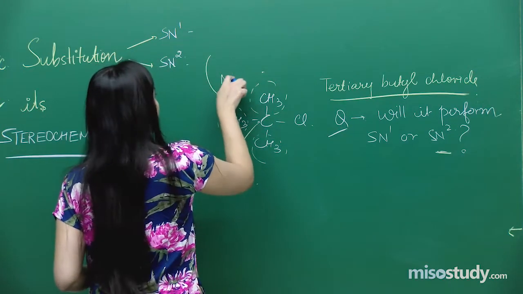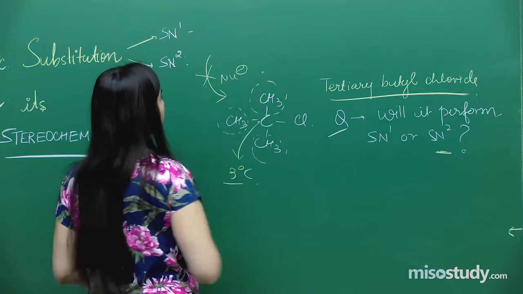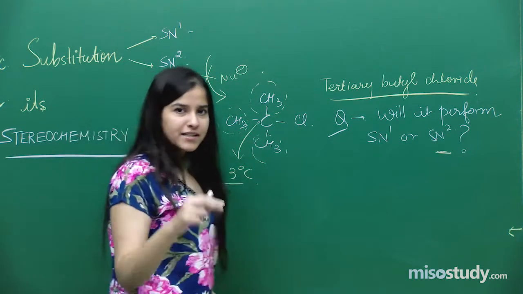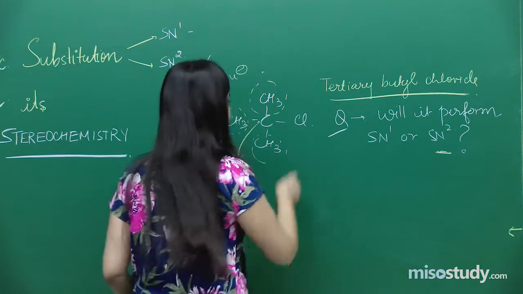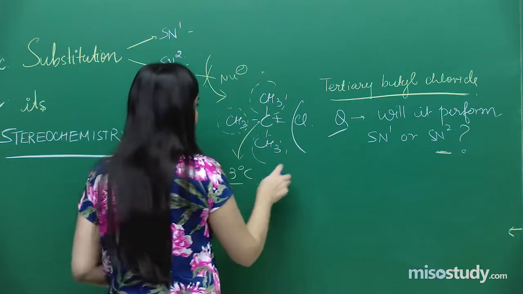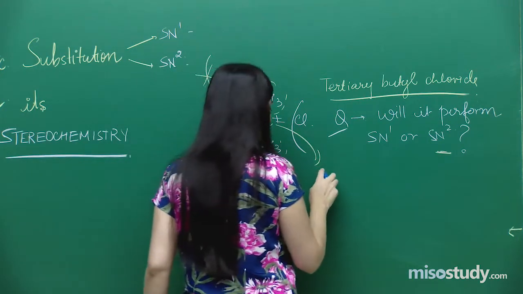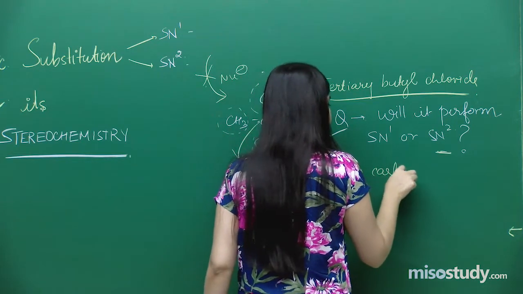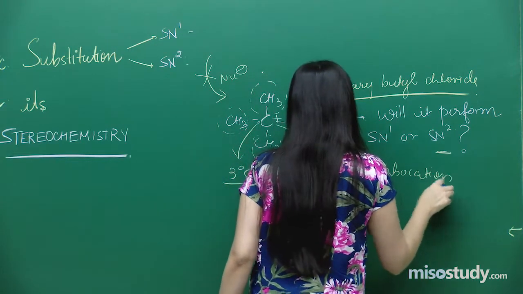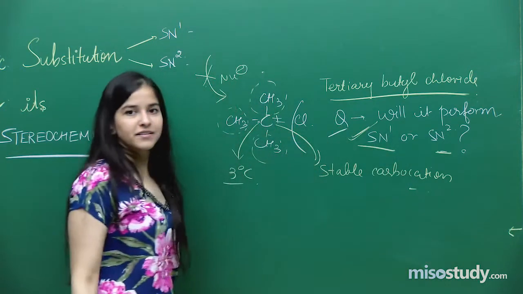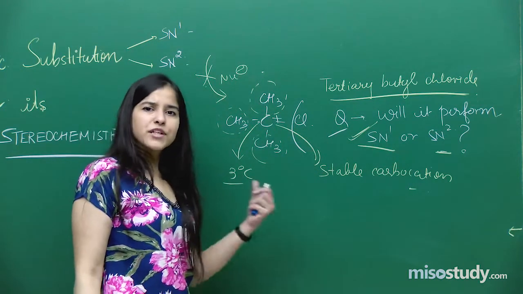So the nucleophile cannot have the backside attack at all. Now what it will prefer is the formation of carbocation. It can easily go off and form a very stable carbocation, thereby creating the possibility of SN1 specifically. Clear? So that is how you need to judge.